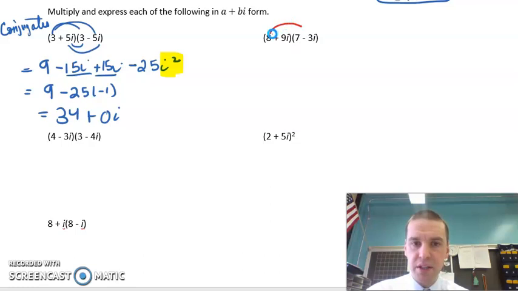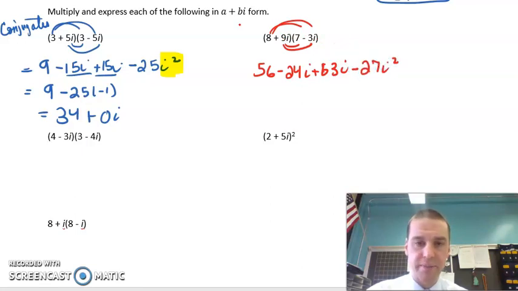So let's look at this one. 8 times 7, 56. 8 times negative 3i, negative 24i. 9i times 7, plus 63i. 9i times negative 3i, minus 27i squared. So I'm going to get 56, negative 24i and 63i gives us positive 39i.